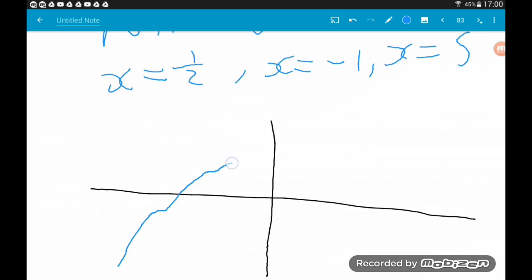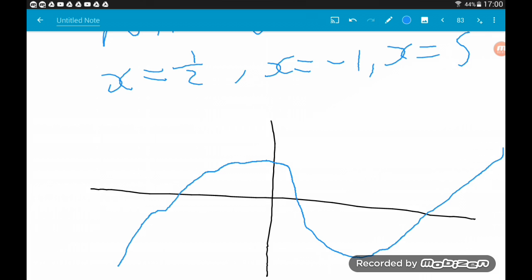And then we are next hitting it at x equals positive 1/2. So it's going to go through the y-axis like that. So then it hits the x-axis at 1/2, and then again over here at x equals 5.